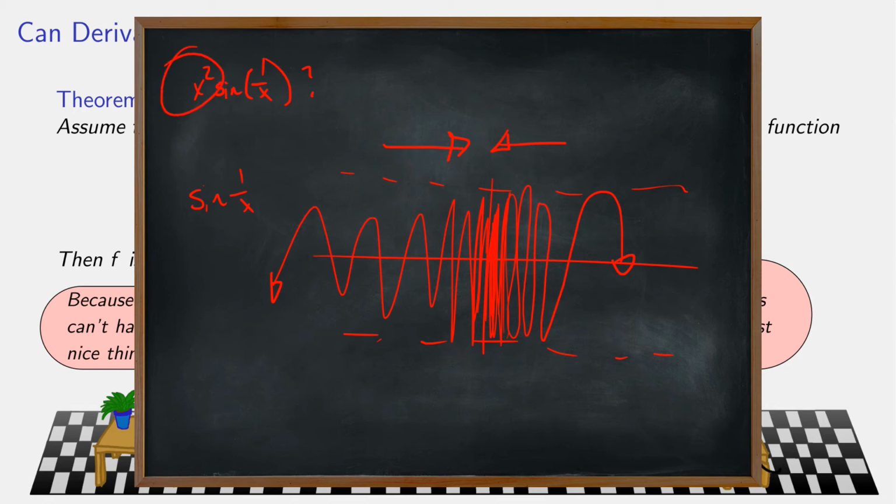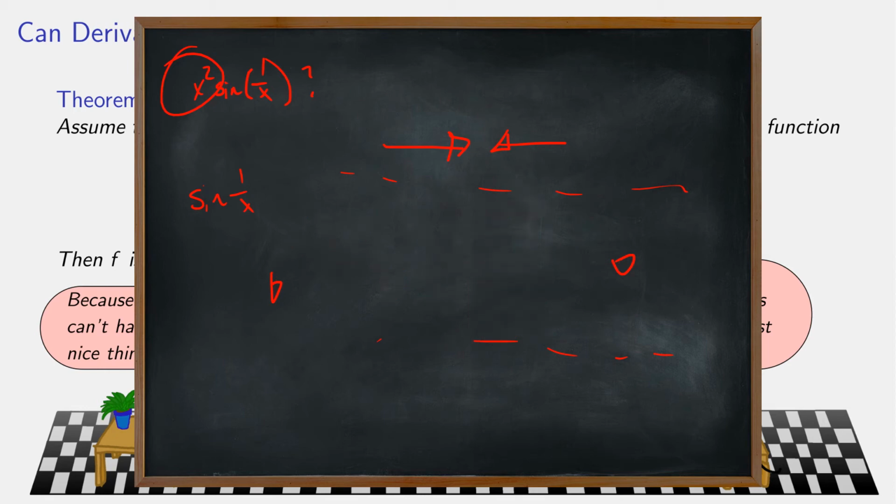But we're multiplying it by x squared, and now that changes things. While the sine curve is going up and down, I'm multiplying it by x squared. And what's happening to x squared as x approaches 0? x squared is approaching 0.